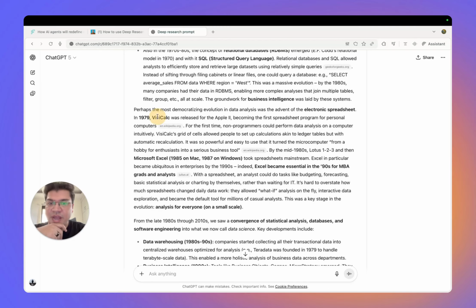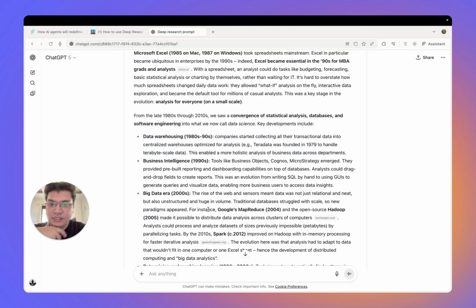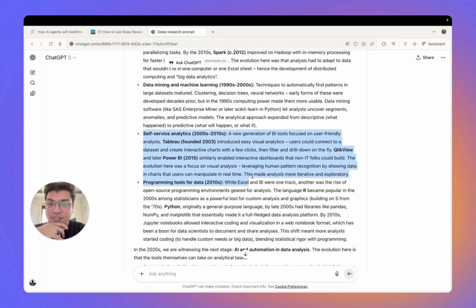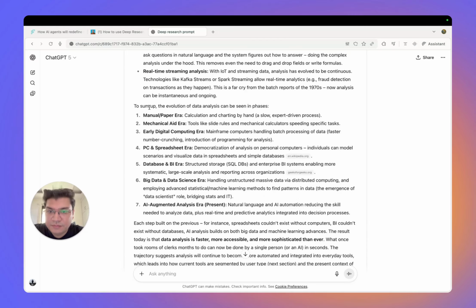Then there was VisiCalc, and then there were data warehousing tools. Then there were business intelligence tools. The big data era was there. Now the self-serve analytics tools are there, where people use Tableau and Power BI.